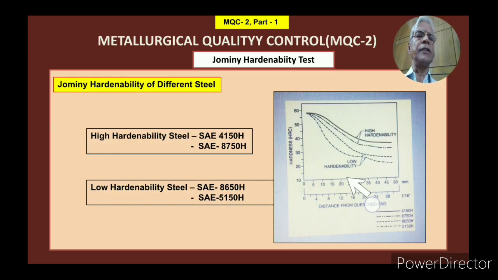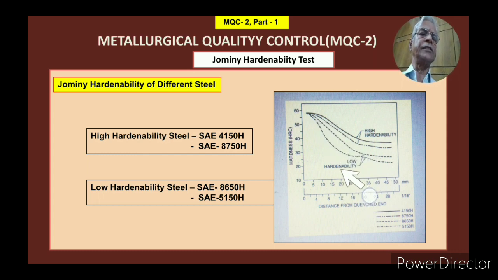This shows a different hardenability curve for different steels, like 2 cases of high hardenability steel and 2 cases of low hardenability steel. You see, for high hardenability, the curve is on the upper side, and for lower hardenability, it is on the lower side.